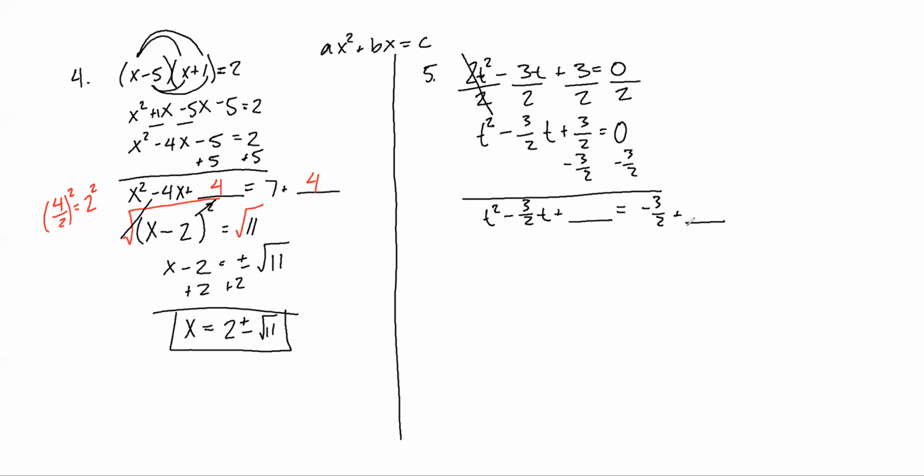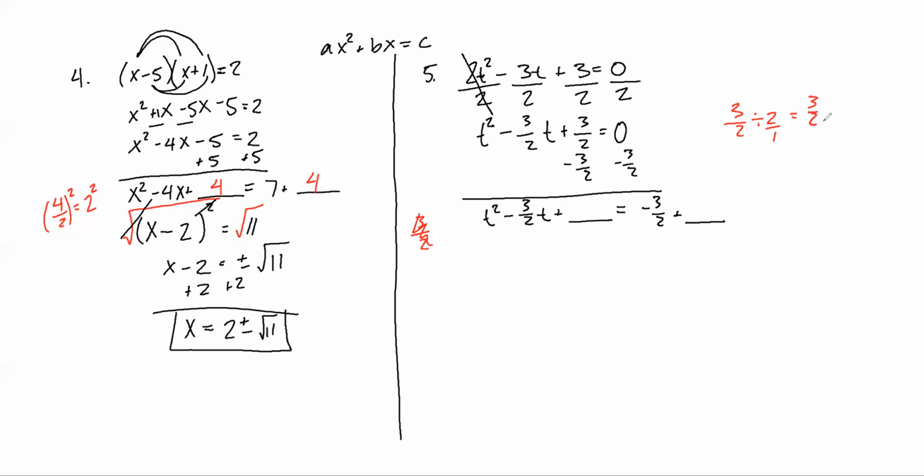Now let's go ahead and actually complete the square. We're going to take this 3 over 2. Now we want to divide 3 over 2 by 2. If I just wrote it like this, it looks really ugly. So instead, I'm going to do this up here so we have a little bit more room. 3 over 2 divided by 2, instead of dividing by 2, we can multiply by the reciprocal of 2.